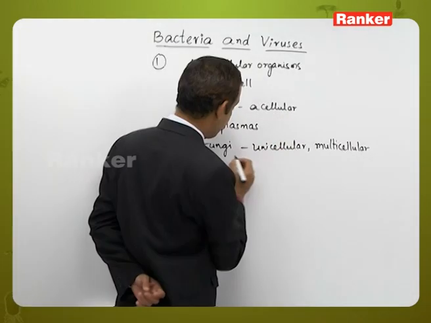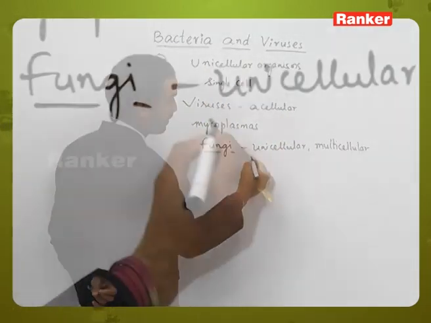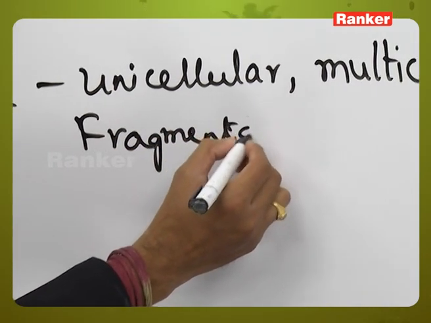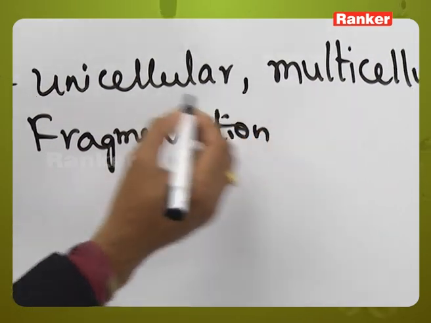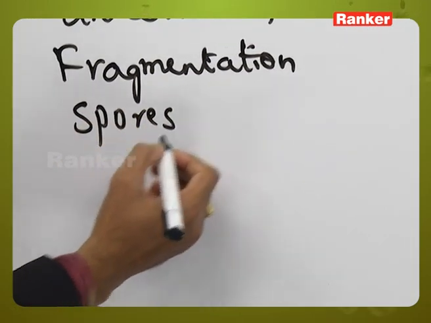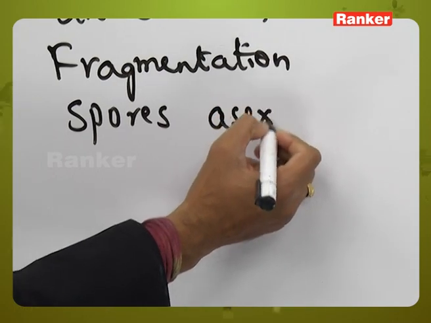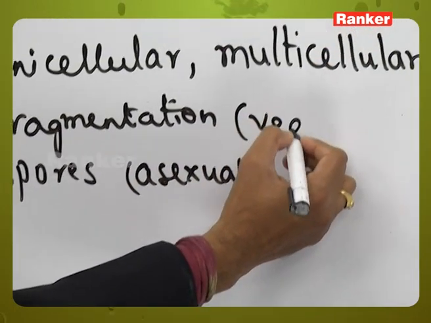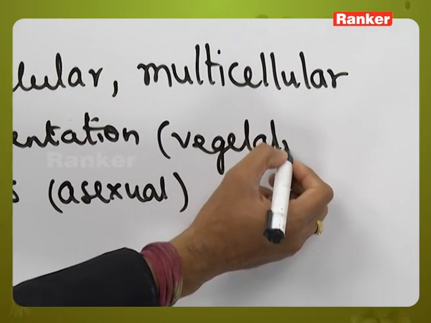But fungi participate in different types of reproduction like fragmentation, that is a vegetative process, and the formation of spores, that is an asexual process.